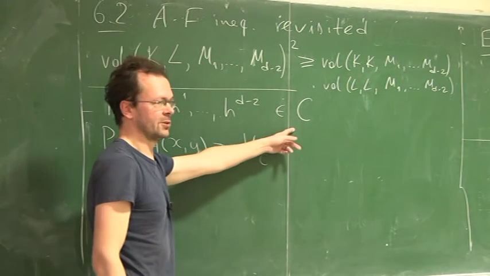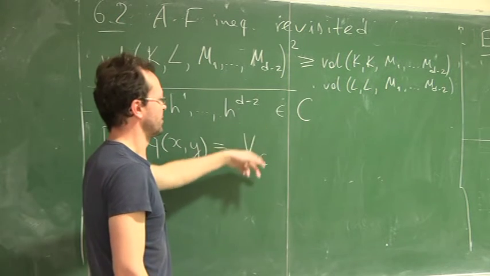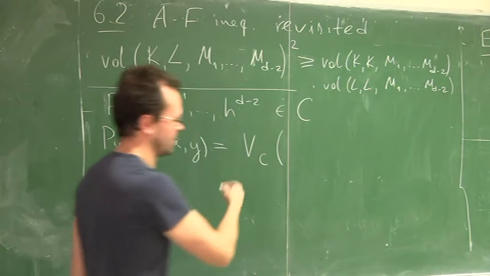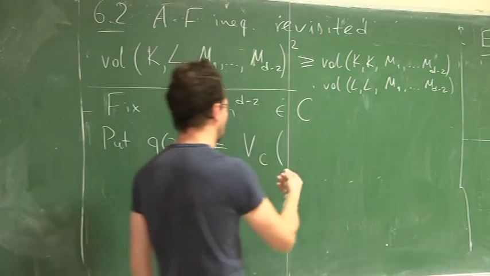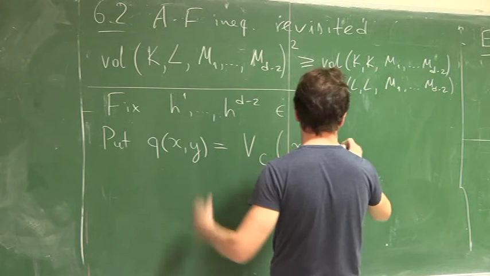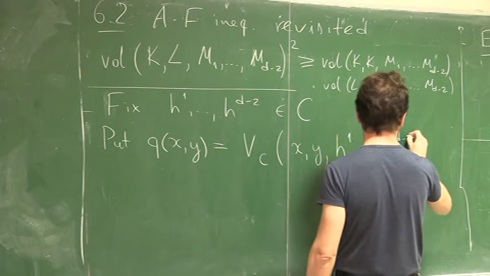So with every C, one can associate this polynomial as I did. This is a multilinear form now, right? In this multilinear form, we substitute x, y, and the fixed vectors h_1 through h_{d-2}.